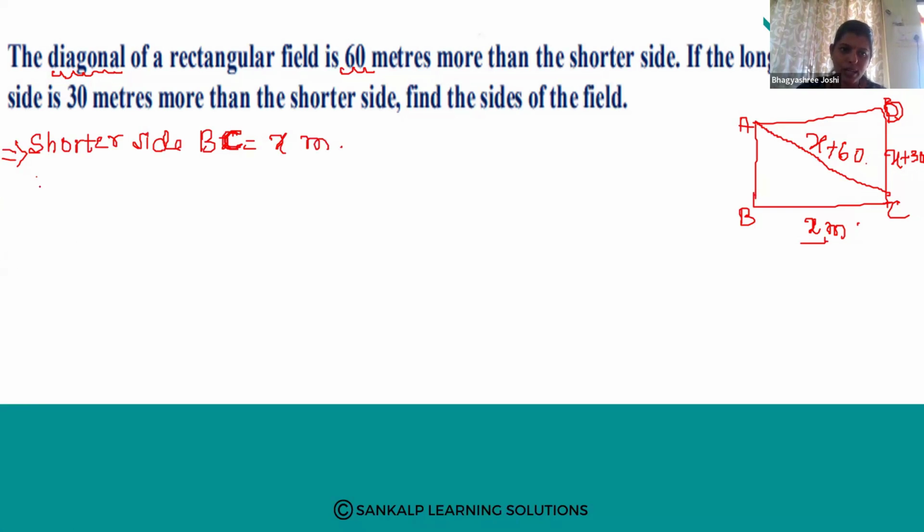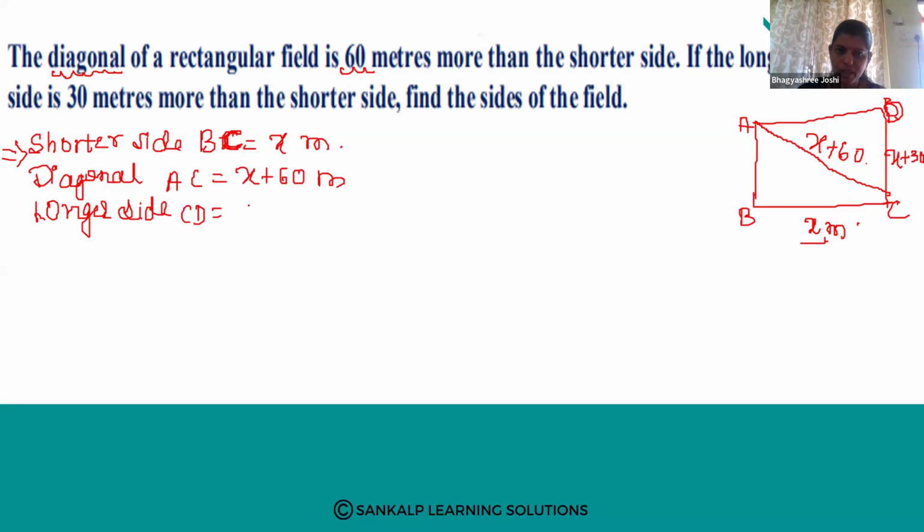Next, diagonal AC is equal to x plus 60 meter. Next, longer side CD is equal to x plus 30 meter.